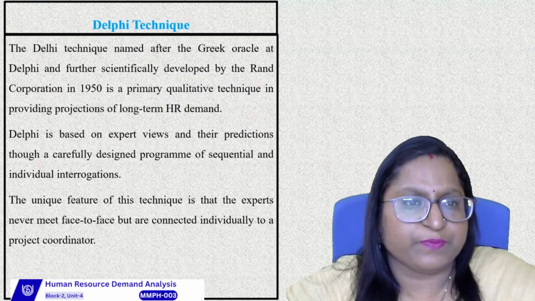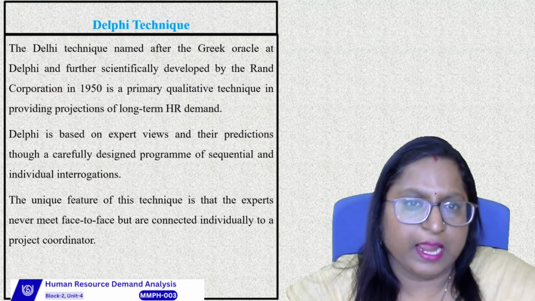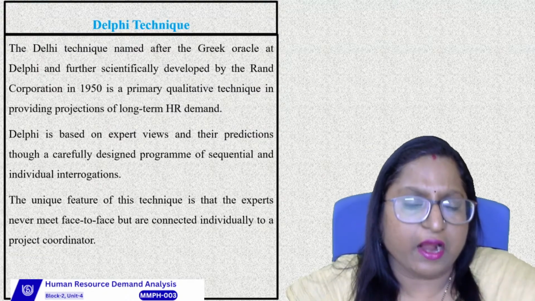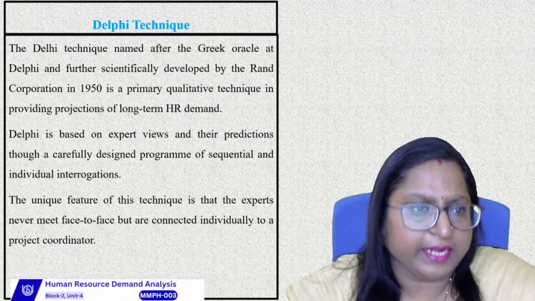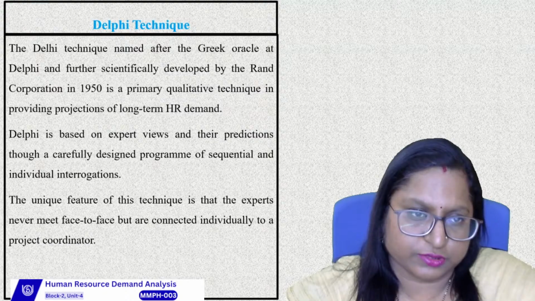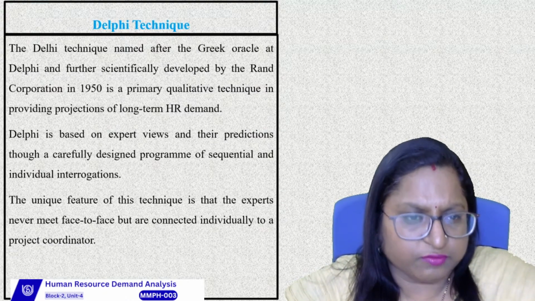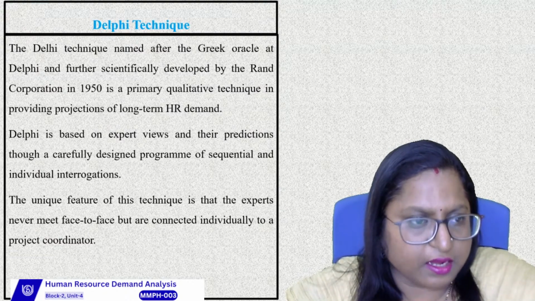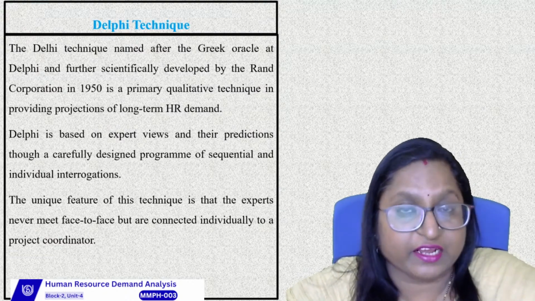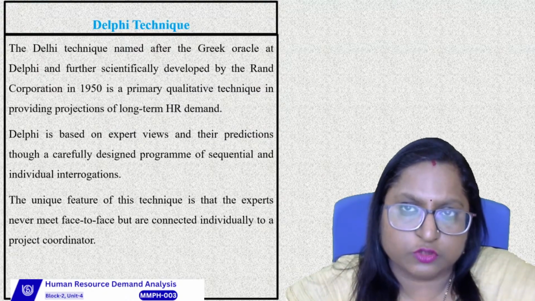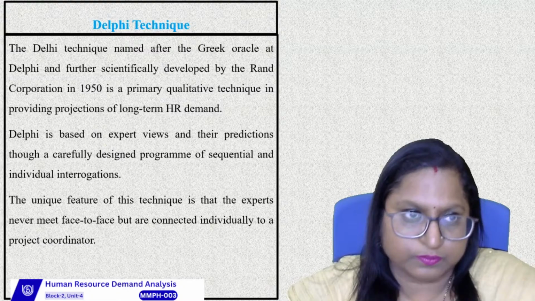It is based on experts' views and their predictions through a carefully designed program of sequential and individual interrogations. The unique feature of the Delphi technique is that the experts never meet face to face but are connected individually to the project coordinator.